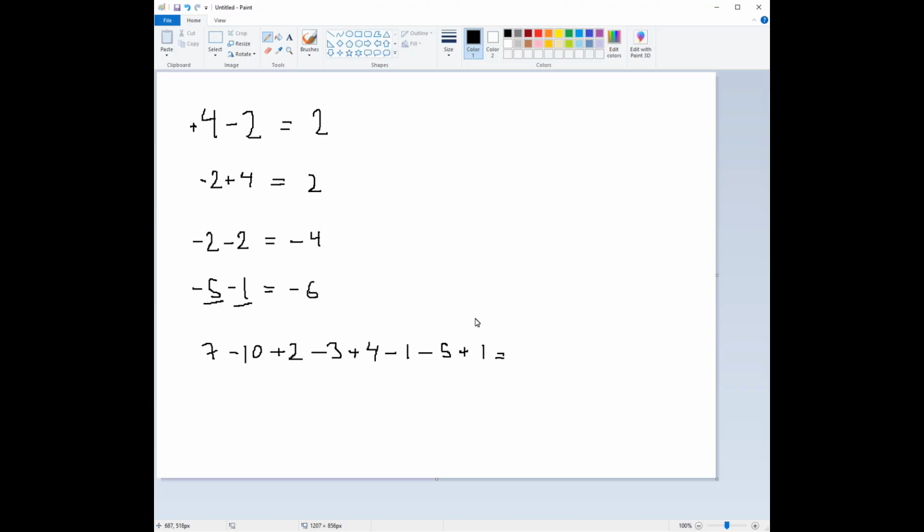So here we have a long row of positive and negative numbers. Basically, you can do it in different ways. You can first take all the positive numbers and sum them up. So let's try that. I have a 7, this is positive. So 7, and then I go, nope, that's negative. Ignore that for now. Oh, plus 2. Okay, so 7 plus 2 is 9.